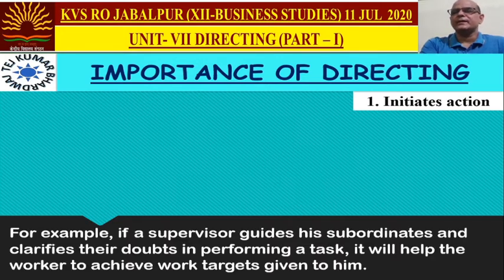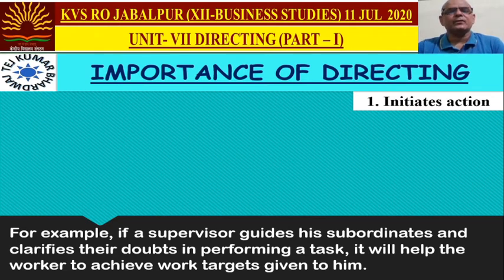First of all, it initiates action. For example, if a supervisor guides a subordinate and clarifies their doubts in performing a task, it will help the worker to achieve work targets given to them. The worker has been given instruction, all the resources have been provided, but he is still stopped and thinking what to do, how to do, and who will help me. If I am wrong, then will I get the punishment? I mean, having a lot of doubt in the mind of workers.